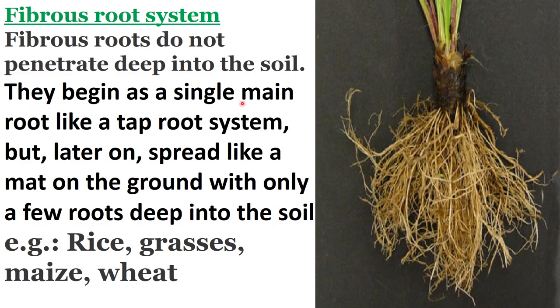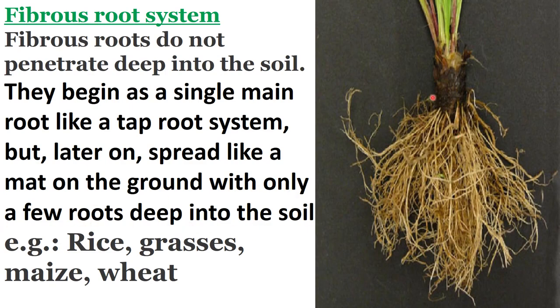They begin as a single main root like a taproot system, so this is the difference from the adventitious root system. How is this fibrous root system different from the adventitious root system? Here these roots also begin with a single main root like the taproot system, but later on spread like a mat on the ground with only a few roots deep into the soil.